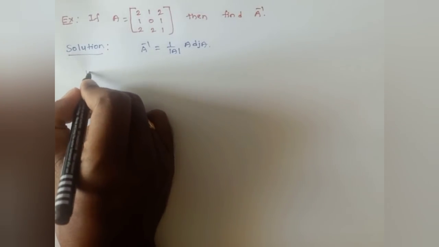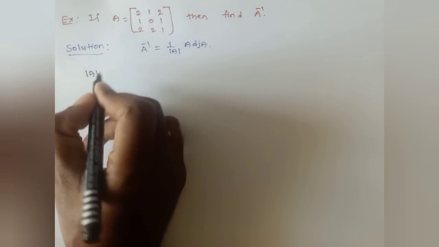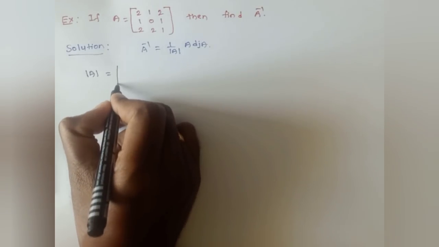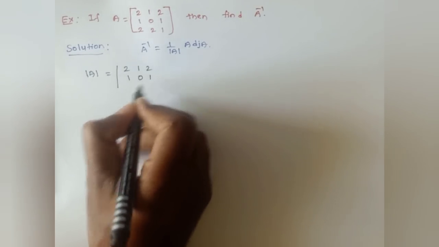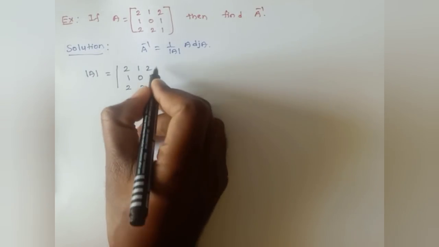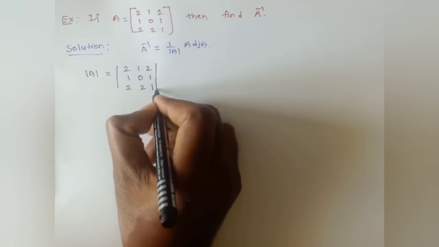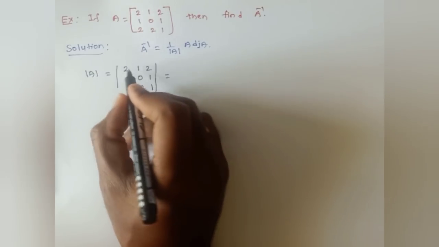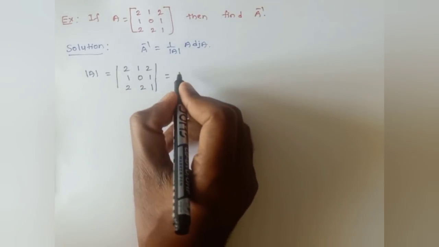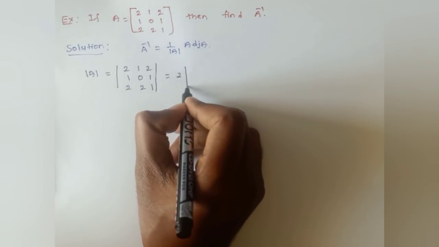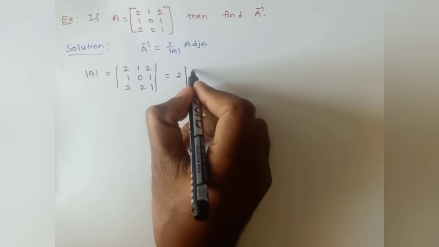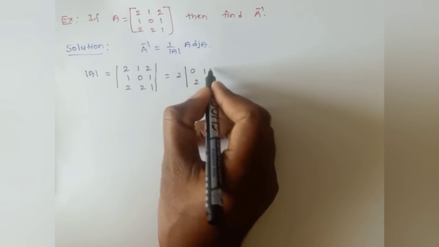So the determinant of A, which is the determinant of 2, 1, 2, 1, 0, 1, 2, 2, 1. Here expand along the first row. The sign is positive, 2 into the minor of this 2, which is 0, 1, 2, 1.